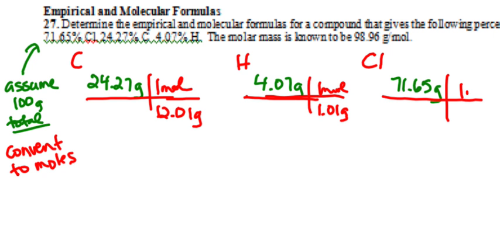And for every 1 mole of chlorine, 35.45 grams. All right, so next we're going to find moles. The best thing for you to do is to carry out a lot of sig figs, because it's going to help us when we're trying to figure out if we have a half a mole or something that we have to multiply by later. So don't be shy with the sig figs here. Divide all of these to get me moles.